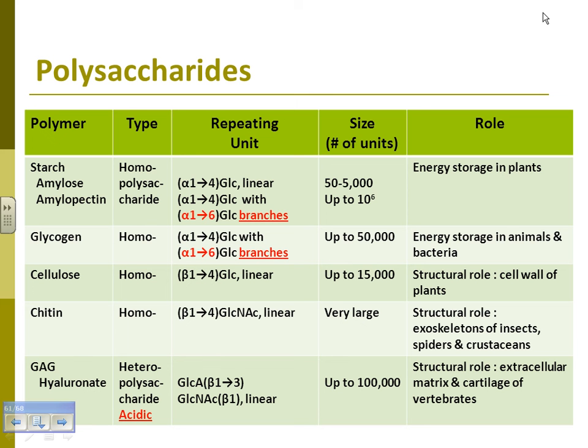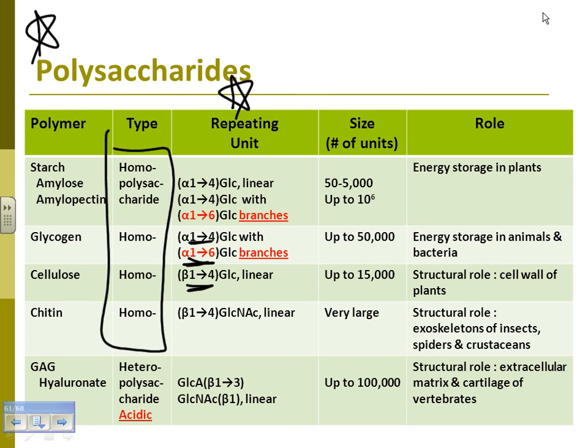Let's see, so this is your good chart to know about polysaccharides. It summarizes everything you need to know about them. Definitely know the repeating unit, telling the difference between all of the linkages. They're all homopolysaccharides except for this guy down here. This is glucosamine. Make sure you know that.